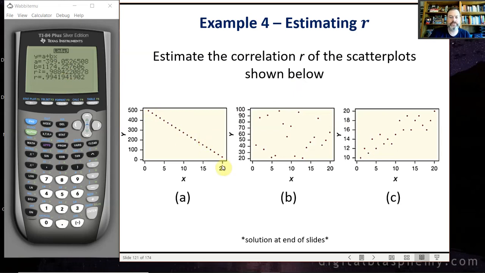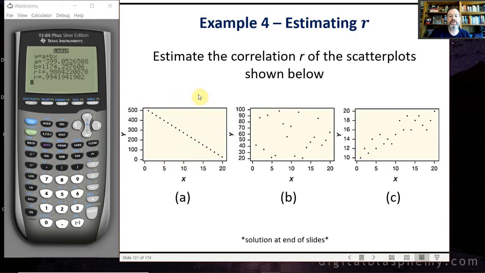Please don't do that. Use the rules of what r tells us. Remember, if you see a straight line trend, determine, does it look like the points are close to the line? That means r is close to 1 or close to -1. If it looks random or it's horizontal, r is close to 0.